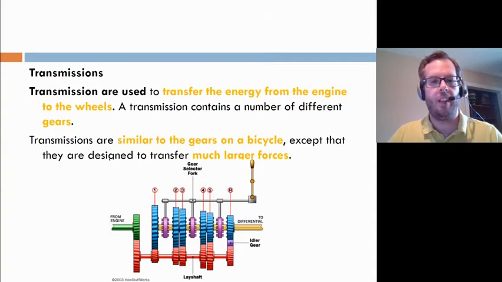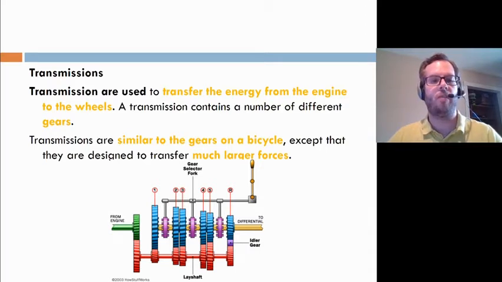Transmissions. Transmissions are very similar to gears on a bicycle, but they are used in machines or vehicles that apply much more force. Much more energy is involved. So a transmission is used to transfer the energy from the engine to the wheels. And of course, a transmission will contain a number of different gears, very similar to the gears on the bicycle, except that they are designed to transfer much larger forces.